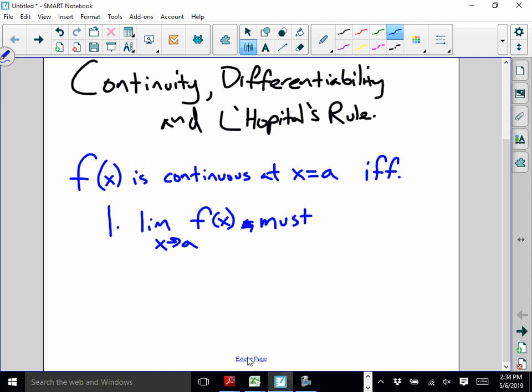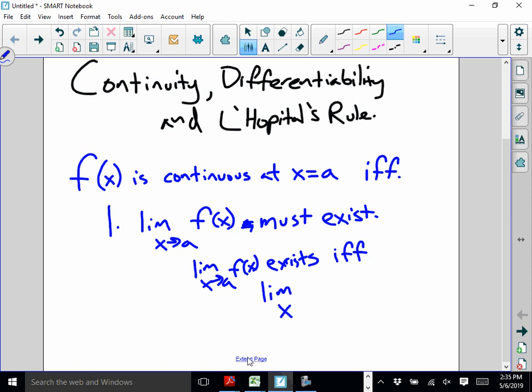Just a reminder on determining whether or not limits exist. The limit as x goes to a of f of x exists if and only if the left-hand limit of f at a equals the right-hand limit of f at a.